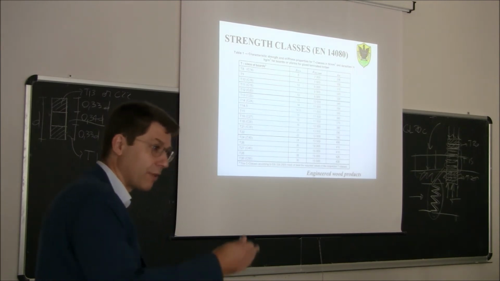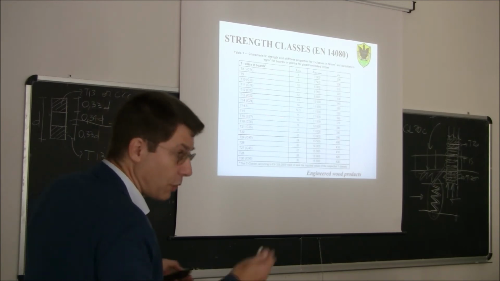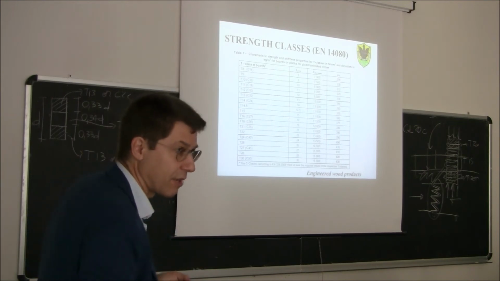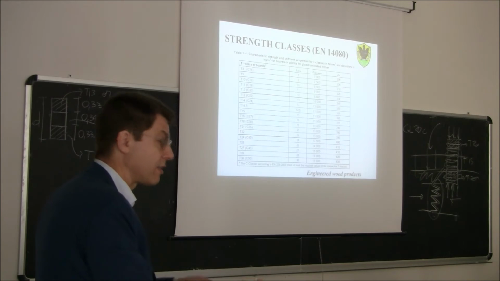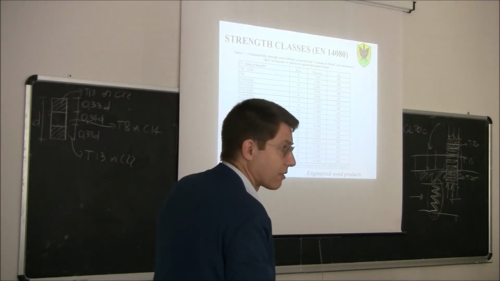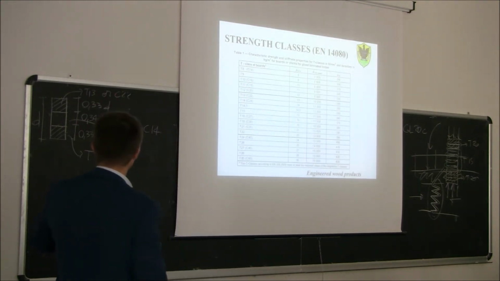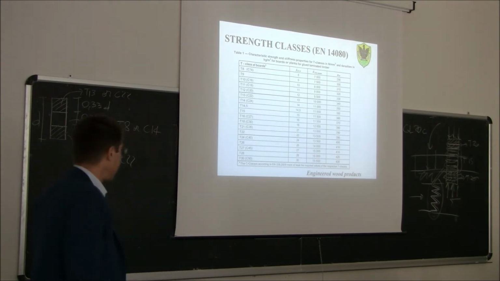The larger value of the number is just related to the fact that in the classification in bending, 22 is the bending strength, while 13 is the tensile strength. We already learned that bending strength is higher than tensile strength. So basically, it is the same class. One is classified in bending, the other one is classified in tension. Okay? And then we said, T13 or C22 for the outer lamination, T8 or C14 for the inner lamination.